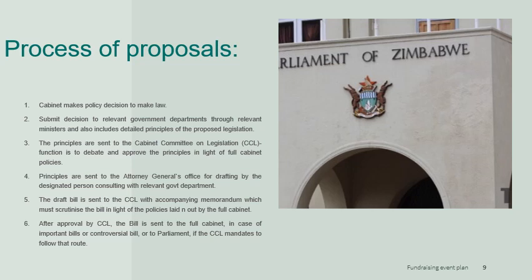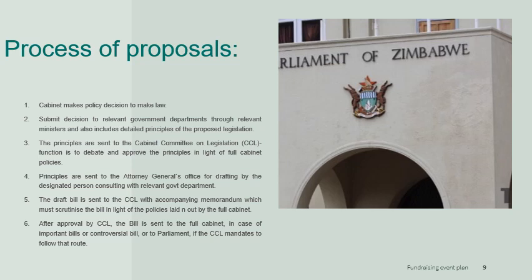They would say, this is what we want that legislation to reflect. So after that, the principles are set out and sent to the Cabinet Committee on Legislation, whose function is to debate and approve the principles in light of the full cabinet policies, right?